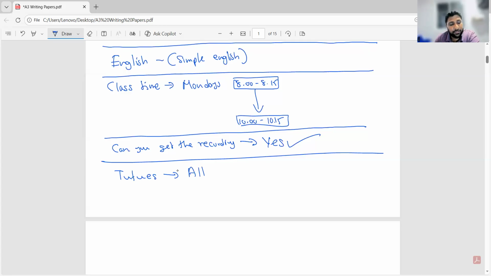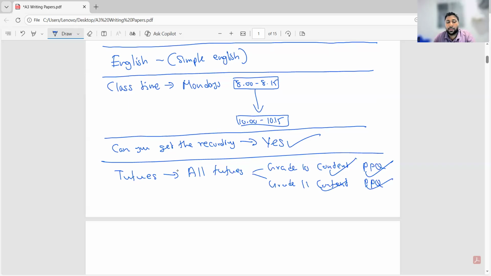All the tutes: the grade 10 content tute, grade 10 past paper questions, grade 11 content, and grade 11 past paper questions.